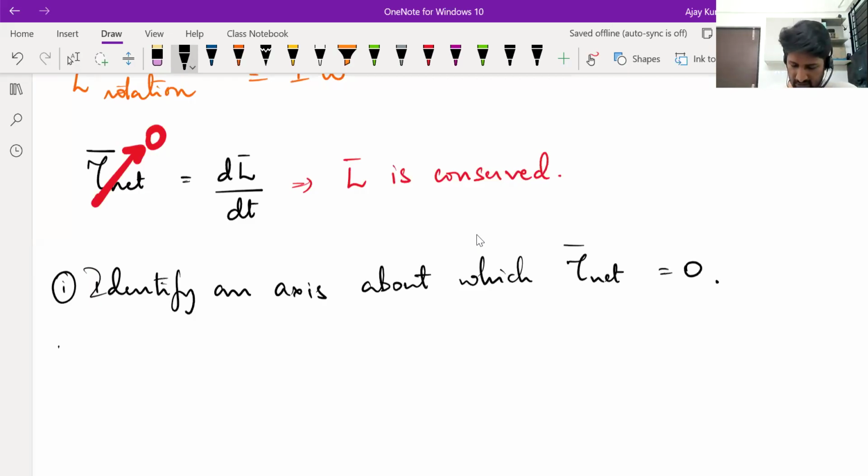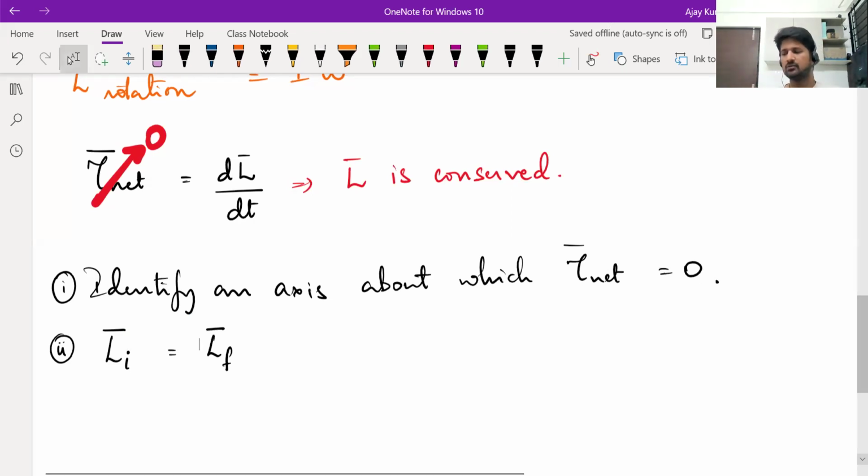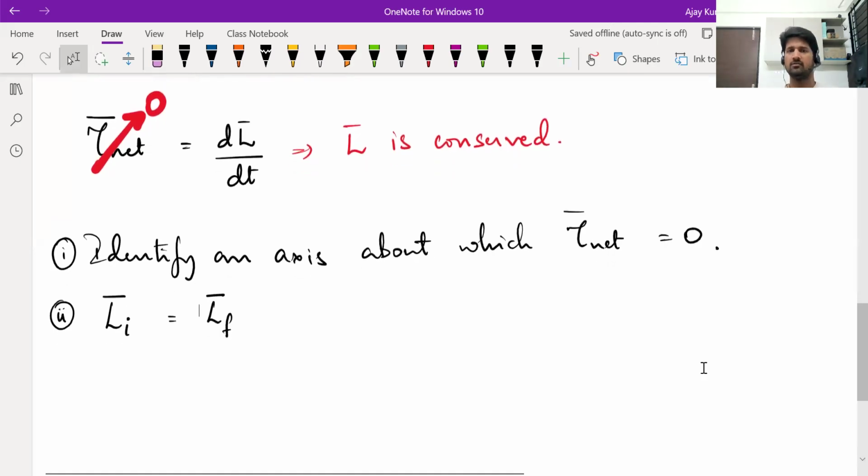Once you identify such an axis, you can write initial angular momentum about that axis is equal to final angular momentum. Okay, initial and final could be before and after a collision or some process, some event. So this is what is law of conservation of angular momentum.